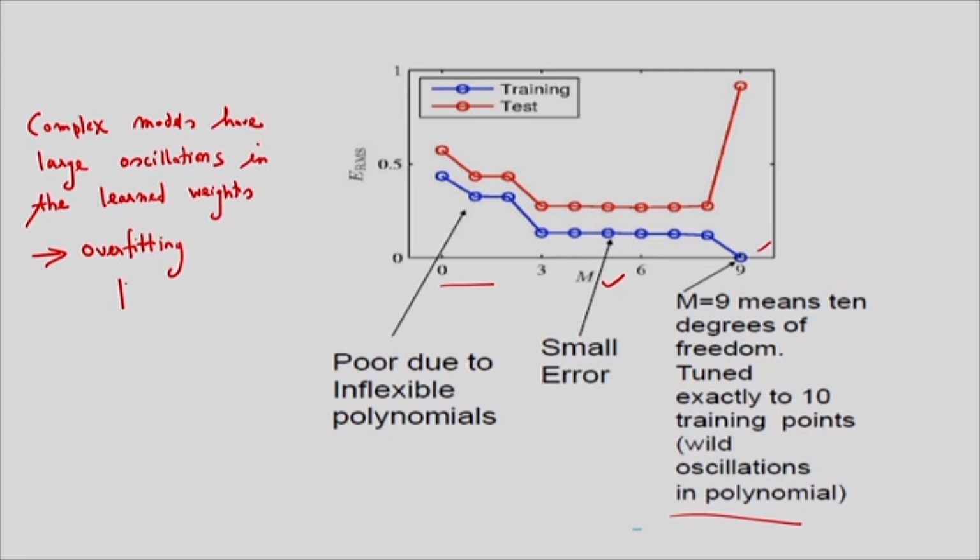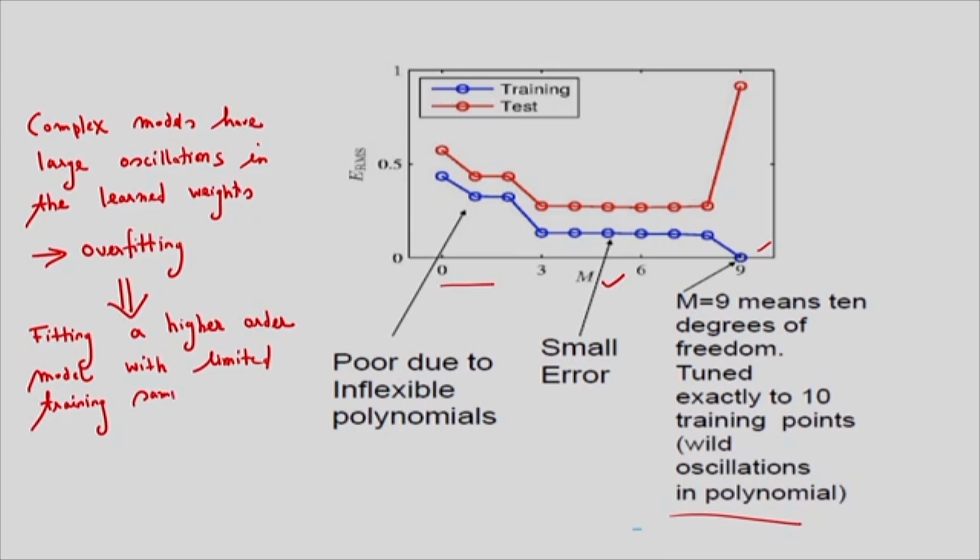That means overfitting is taking place because we are fitting a higher order model with limited training samples. In this example we have considered only 10 data points as training samples. That means we are making the model complex.